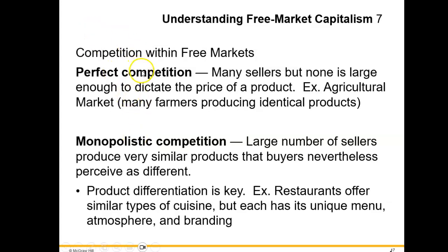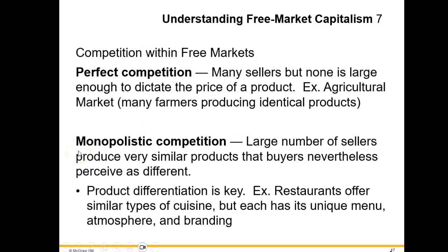Within a perfect competition, you have many sellers, but none is large enough to dictate the price of a product. The example could be the agricultural market, where you have many farmers who are producing identical product, but none is large enough to dictate the actual price of the product.